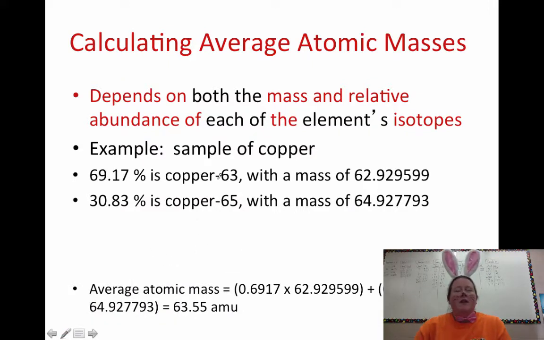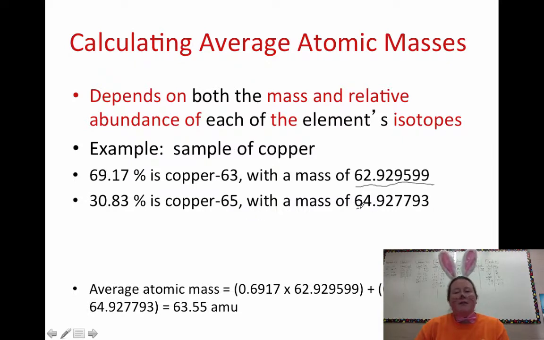So a sample of copper has 2 isotopes, copper-63 and copper-65. Copper-63 has a specific mass in atomic mass units of 62.929559. That's a number that's brought out to many places past the decimal point. But this is what we know. 69.17% of copper is copper-63. 30.83% of copper is copper-65.